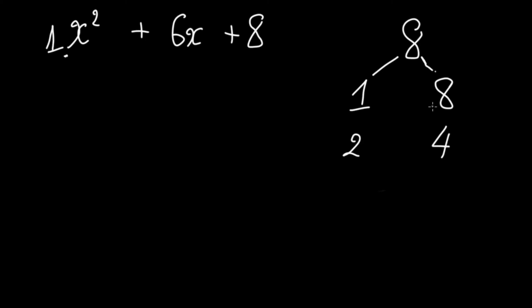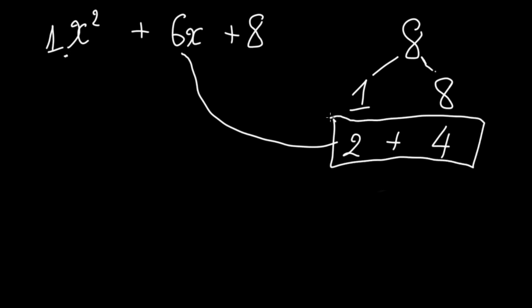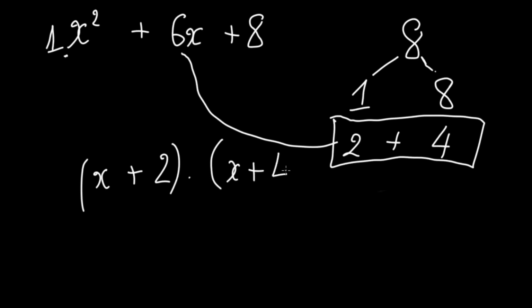And then you need to find the set of two numbers that when we add them together equal b, or 6. We notice 2 plus 4 is 6 right here. So we choose this set, 2 and 4. Therefore, the final answer is x plus 2 times x plus 4.